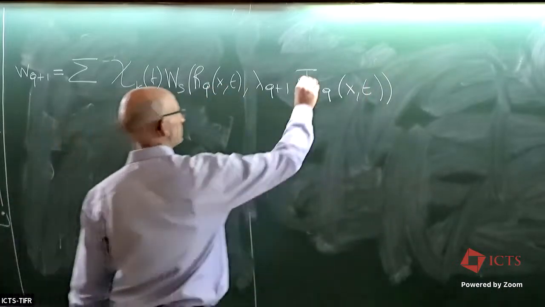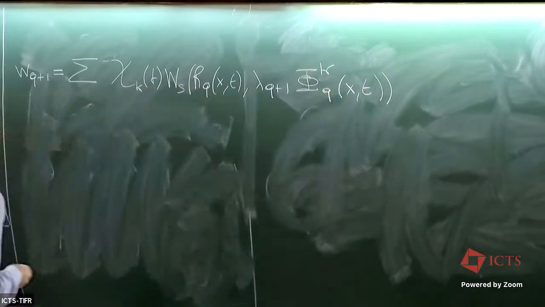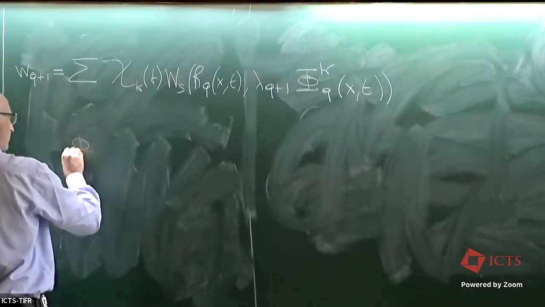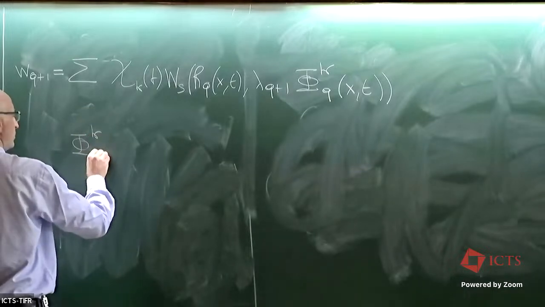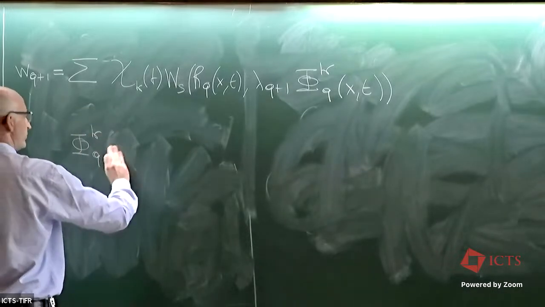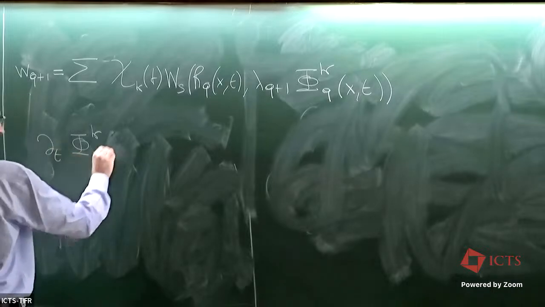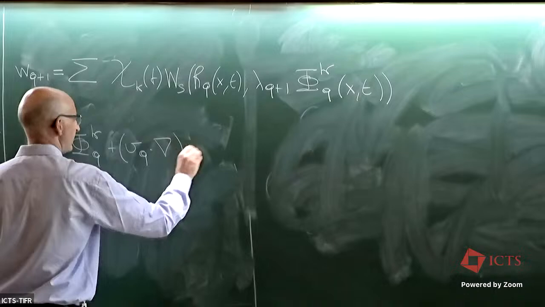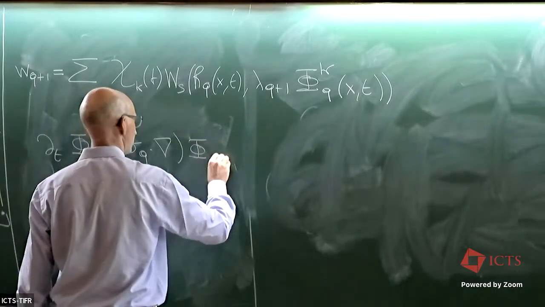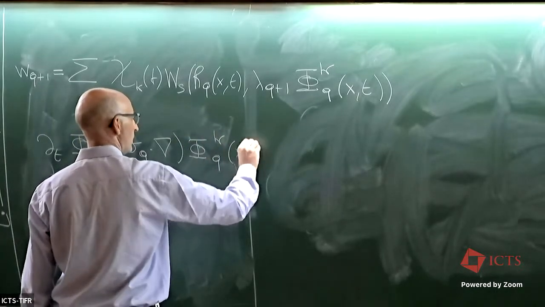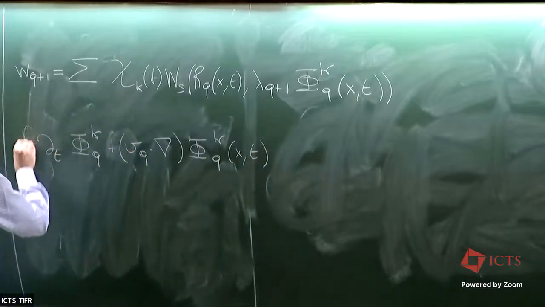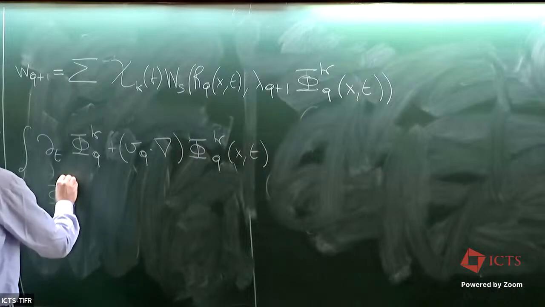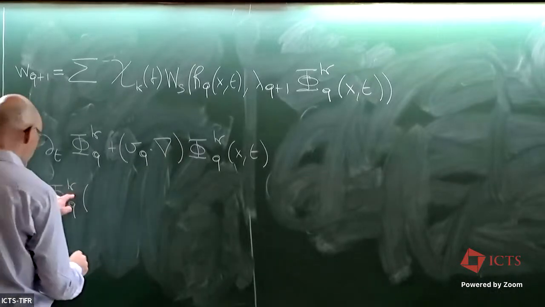Okay. And what this phi_{k,q} of x, t does is solve the transport, but not by being the identity at time 0, but by being the identity at some time which depends on k.